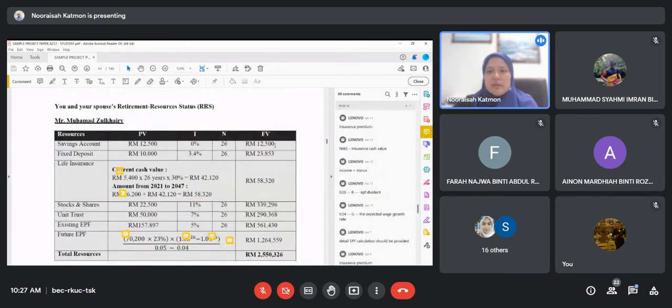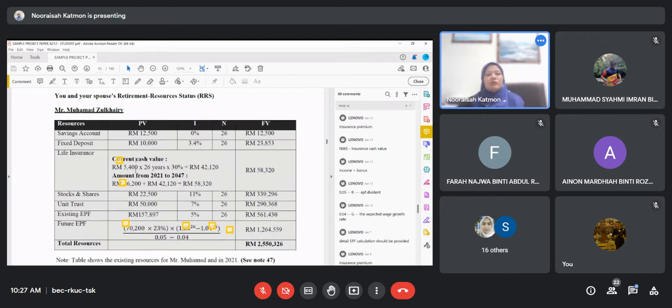Then the FV is 12,500. You calculate the FV similar to fixed deposit, stock and shares, using the information of I, and this is the PV, you convert to FV.